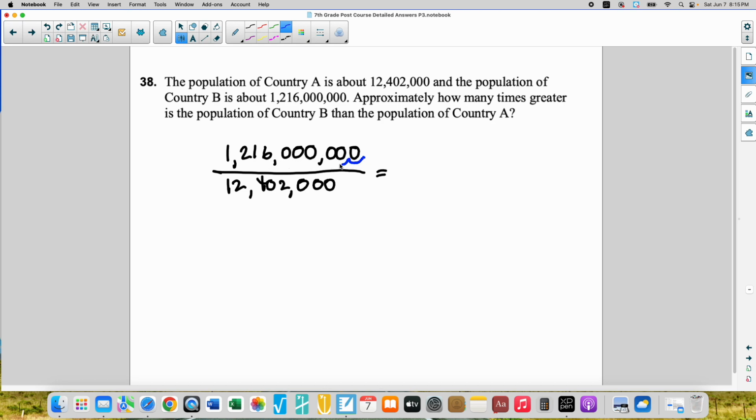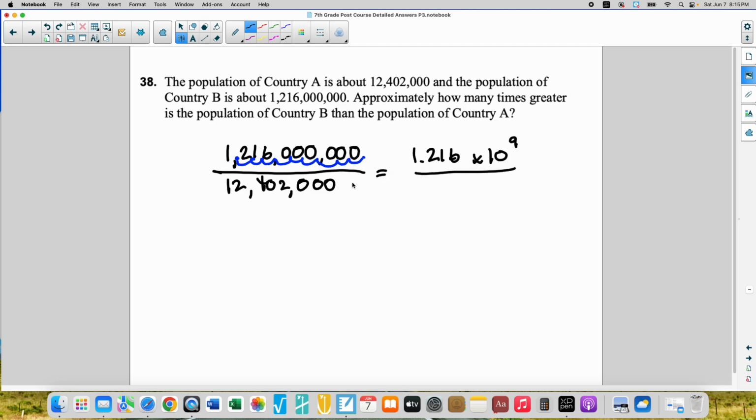So we're going to move it 1, 2, 3, 4, 5, 6, 7, 8. Now it's 12.169. So if we move it 9 places, we would write it in scientific notation times 10 to the 9th, and those 9 places get represented by base 10 because each decimal place is worth 10.